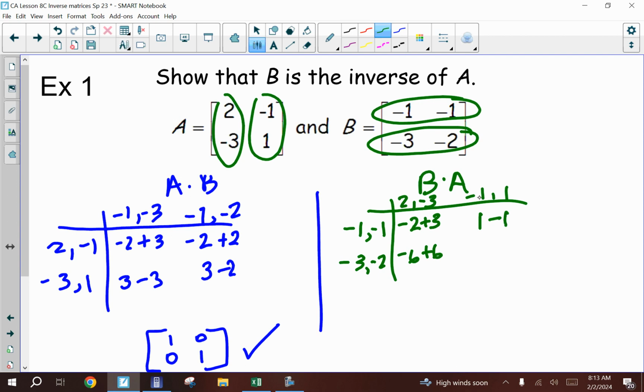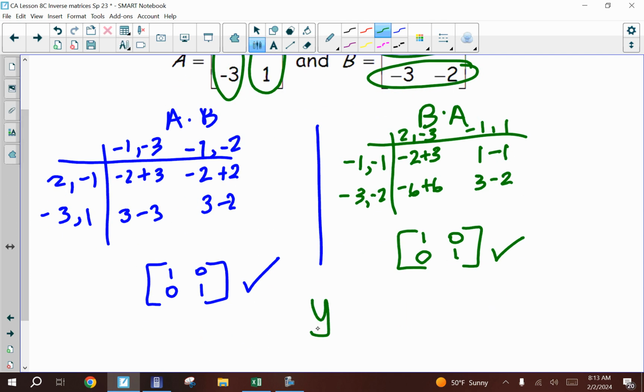And then we do -3 times -1, it's +3, and then -2 times +1 is -2. So if we simplify all of this, we end up with 1 for the first spot, 0, 0, and 1. So since it checks out in both directions, now we can say that they are inverses of each other.